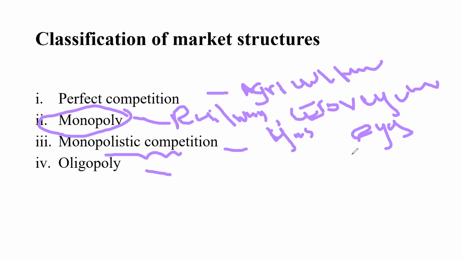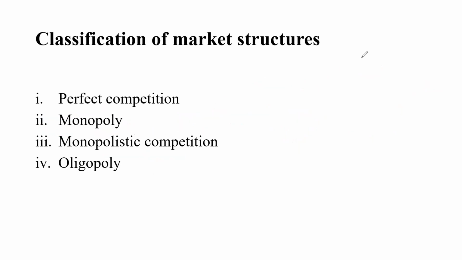Then if we consider oligopoly market structures, most relate to the oil market, the steel market, and the cement market. That sort of market structures. Good commodities come under the oligopoly market structure.